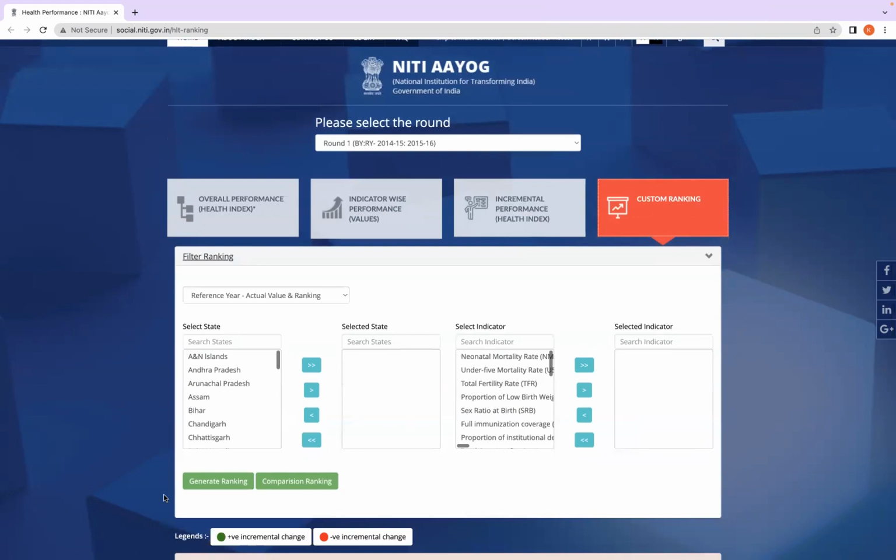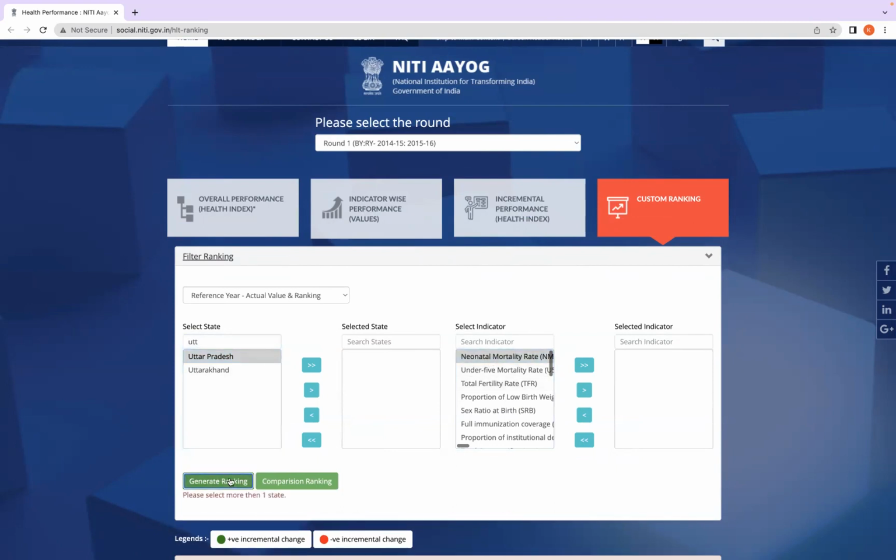Select any of the states and select any of the indicators. Go to Uttar Pradesh. Select one more. Compare it with Uttarakhand. Compare ranking.